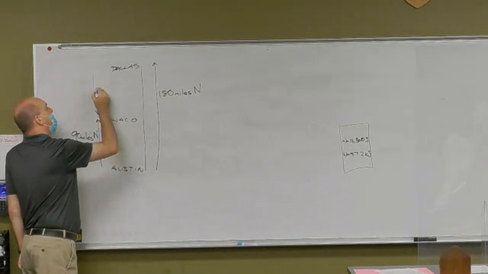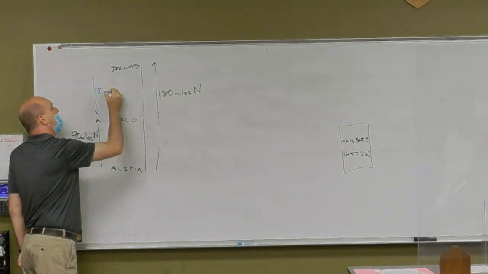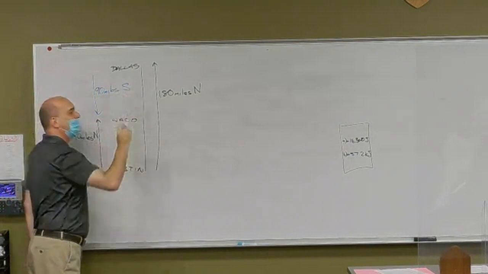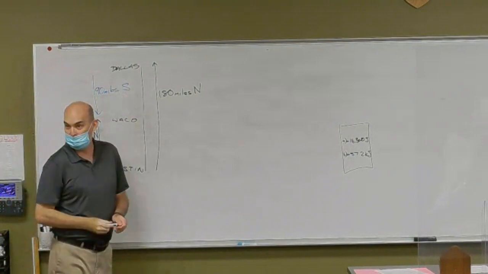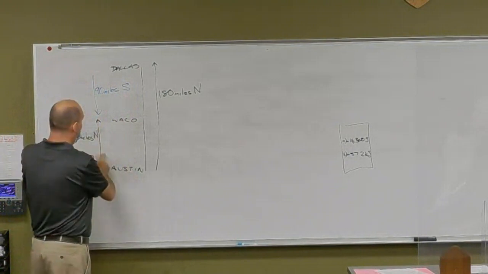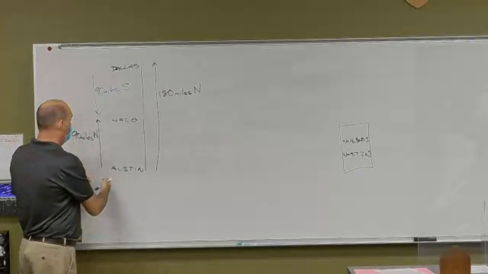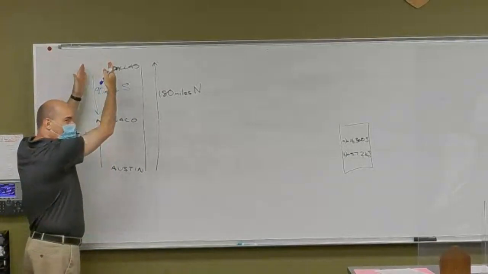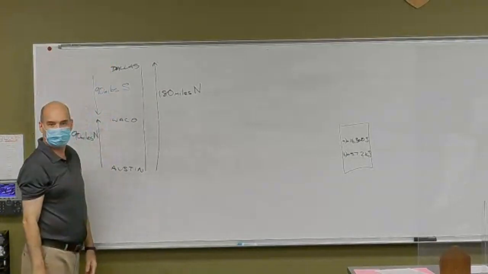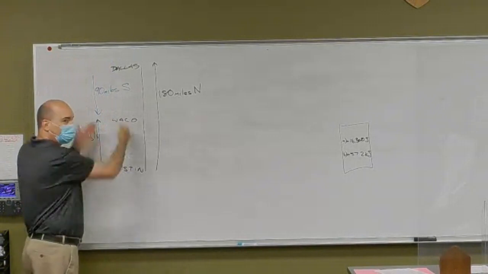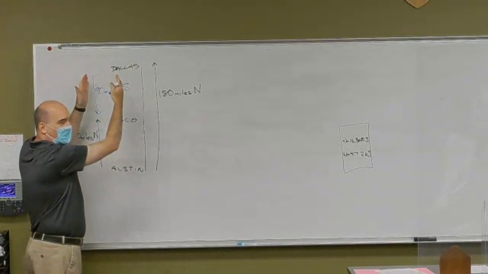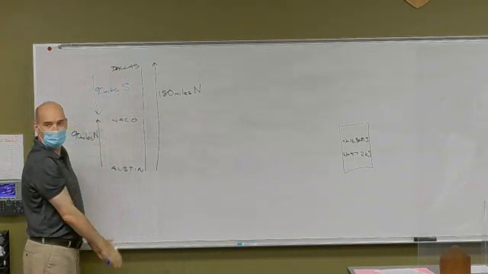From Dallas to Waco gets to be 90 miles south, because this adds to that to make this. And if we go in this direction, we call it north, and if we go in this direction, we call it south. When heat leaves the container, we call it negative. When heat goes back into the container, we call it positive.